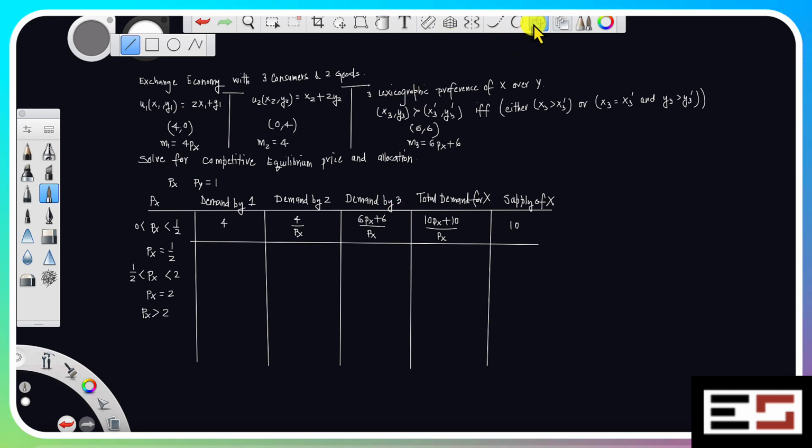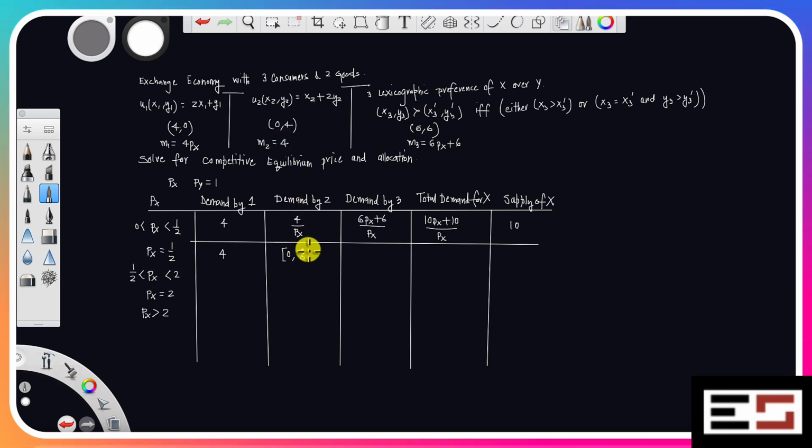Okay, now let us consider the case when Px is half. Notice that when Px is half, again, because Px is less than the MRS of consumer 1, consumer 1 will continue to spend all his money on X. Consumer 2 in this case, because Px is exactly equal to MRS, can choose anything between 0 and spending all the money on X, which means between 0 and 8, because 4 by half is 8.